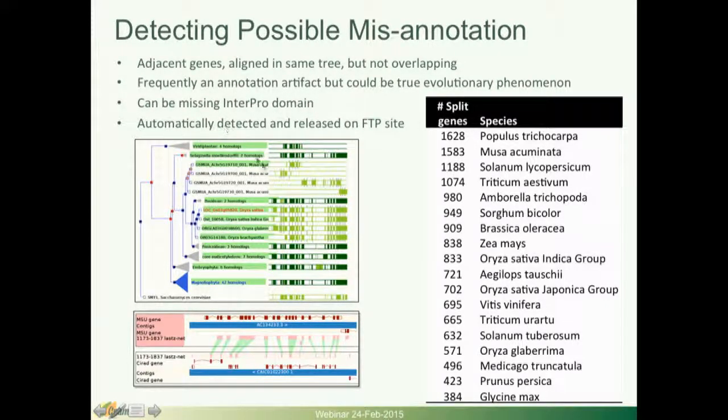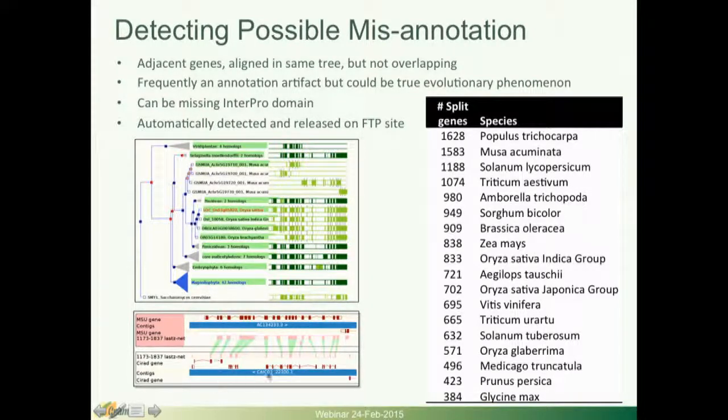So here's an example of a tree, and what we see here, these nodes are labeled pink, and the pink node denotes the possibility of a misannotation called a split gene model. So it's represented as 4 genes in the annotation, but in fact it really should be modeled as a single gene. And you can see that in the multiple sequence alignment, these regions actually don't align.